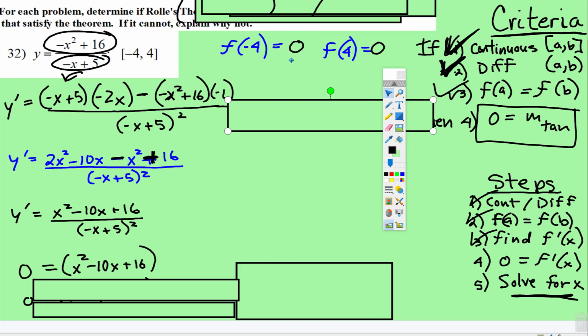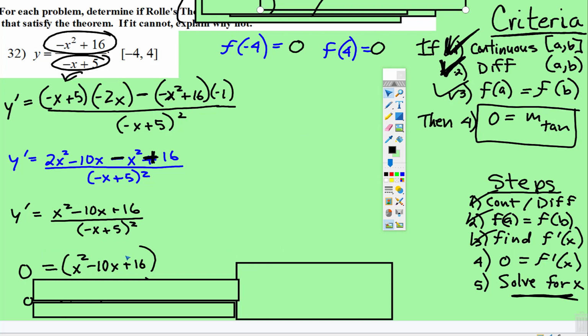And then if you notice, this is just a polynomial that will factor. What are factors of 10 that add up to, I'm sorry, factors of positive 16, I reversed the process, that add up to -10? Well, -8, -2, they multiply to be 16, they add to be -10.